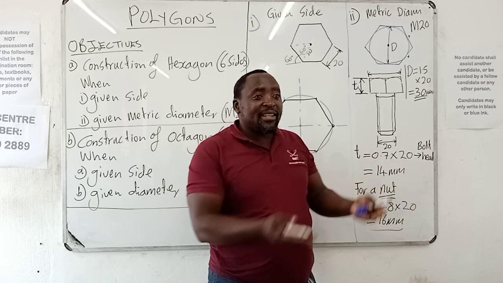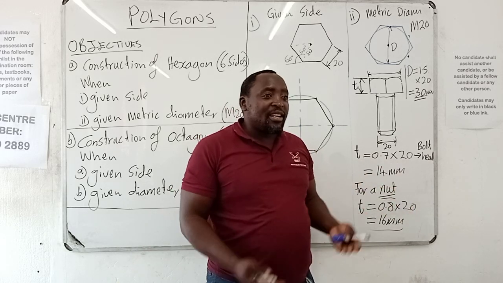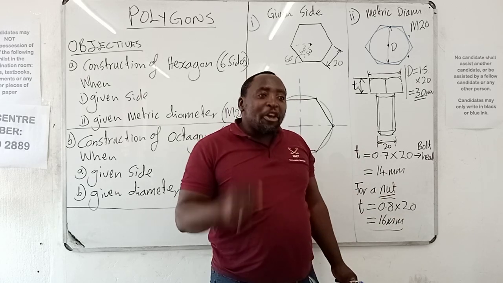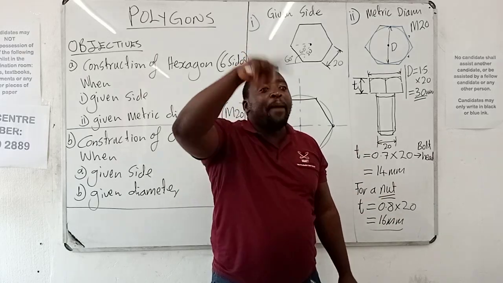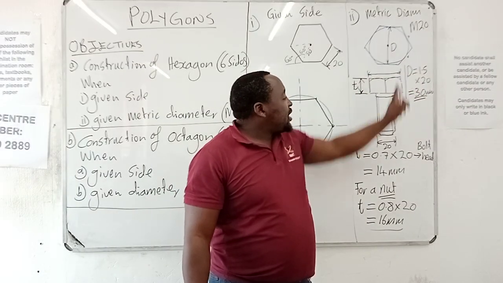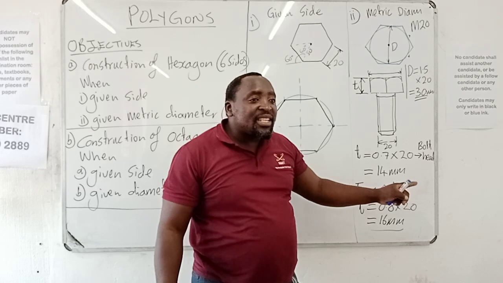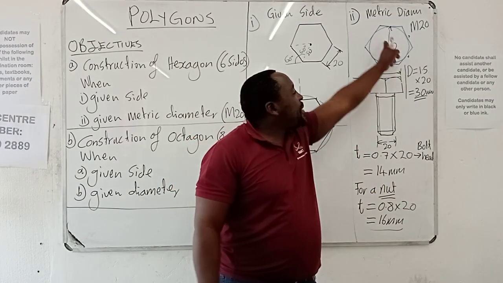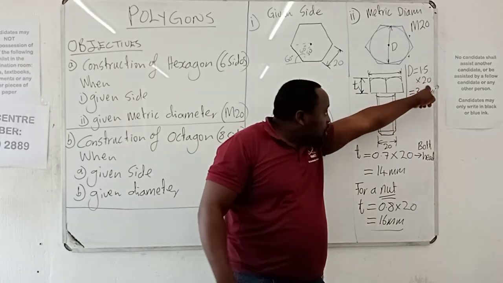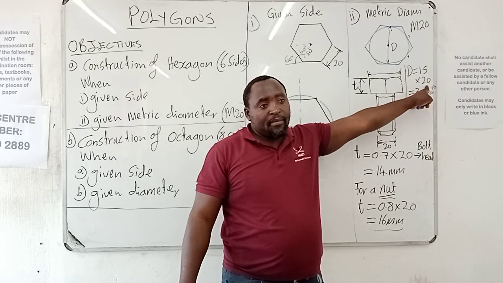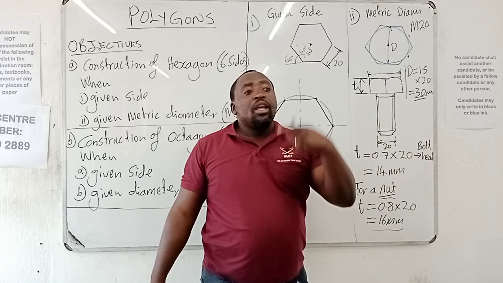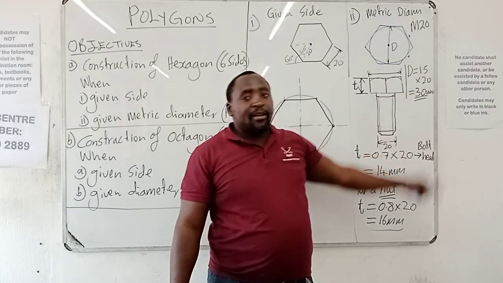They can say M10, M8, M16, M20, M24, M30, M36. Whenever you see M something, you need to know that the M is the metric diameter. To calculate the diameter, I use 1.5 times that number. If it is 36, you put 36 there. If it is 30, you put 30 there.